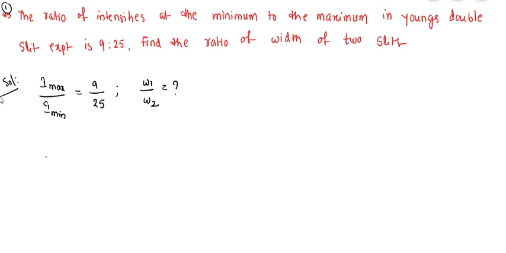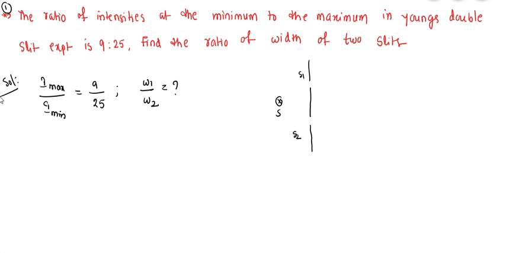For that purpose, we know in interference the width of the slit is directly proportional to the amplitude of the light wave which is emitted from it. Intensity is directly proportional to the width of the slit. See here, this is a source. This is the S1 slit and this is the S2 slit.